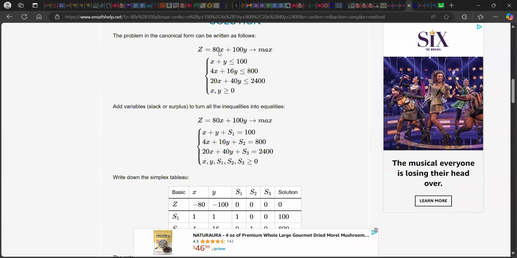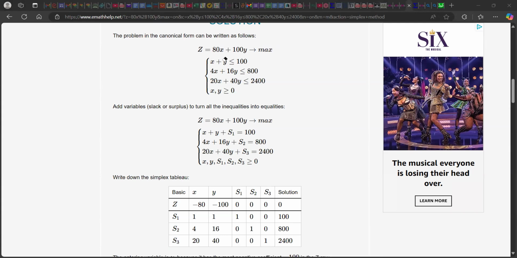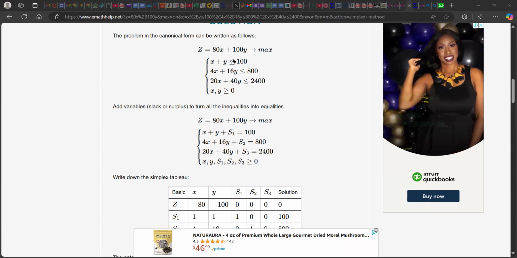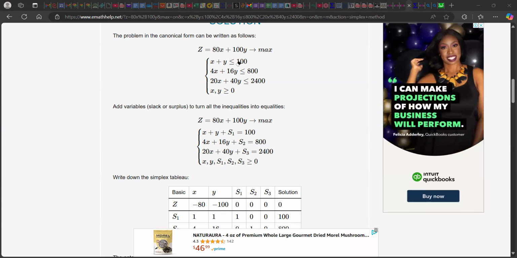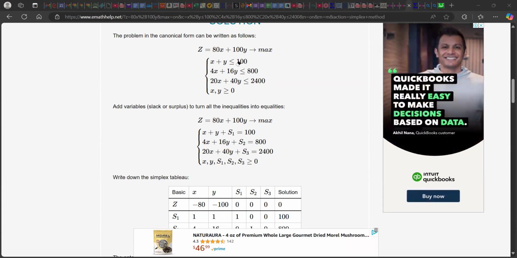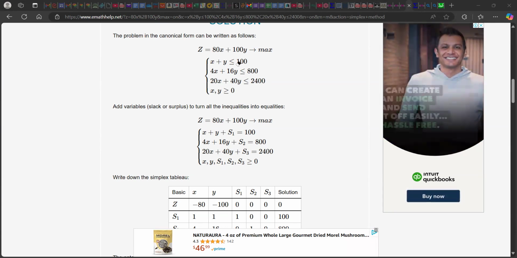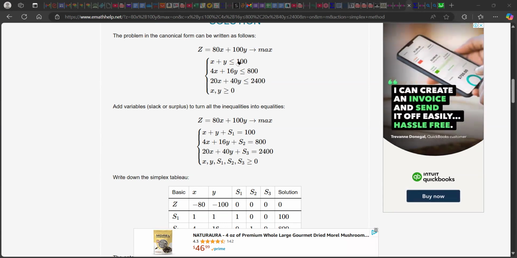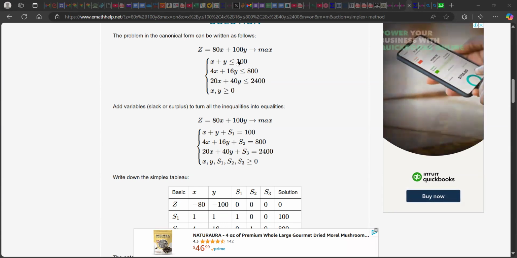We introduce what we call slack variables. If you watch my video, you will see that in order to change these inequalities to equal signs, if x plus y is less than 100, then x plus y plus some number, which we will call S1, that's a slack variable.